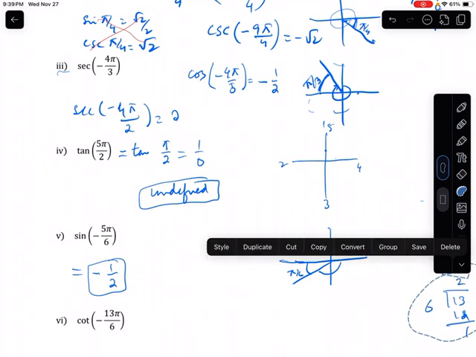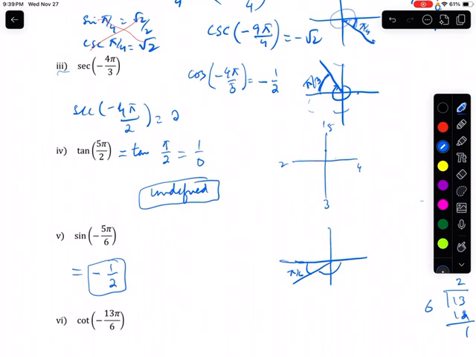So it means 2 whole rounds of 2 pi, and then pi over 6. So when I draw it, negative 1, 2, and then pi over 6. We land over here, where this is pi over 6.